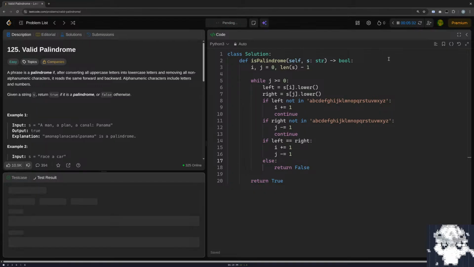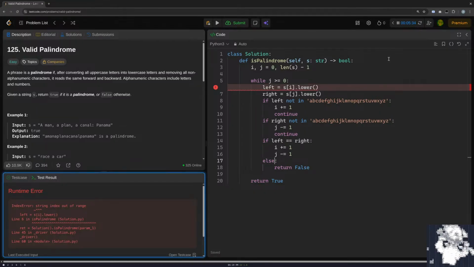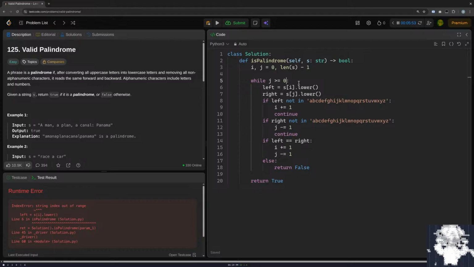I think this works. I can tidy it up a little bit. How does that happen?